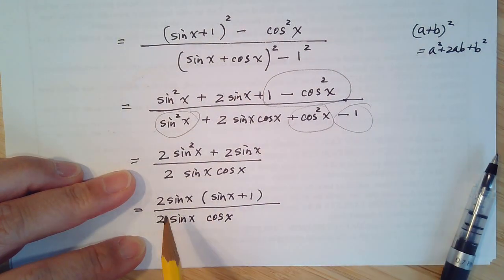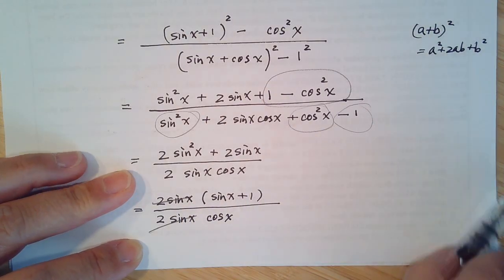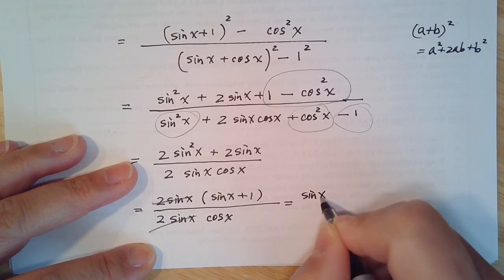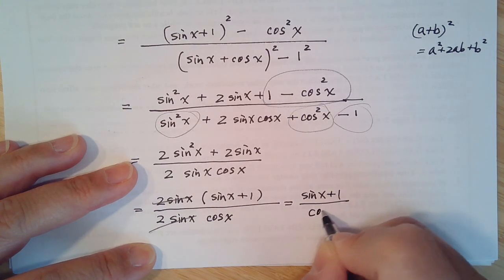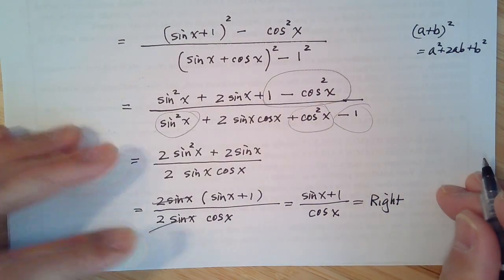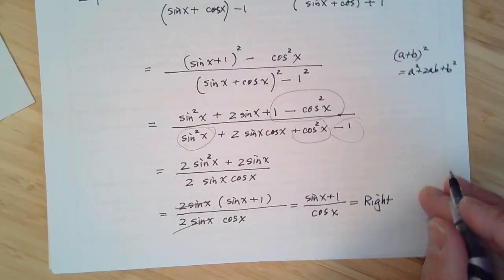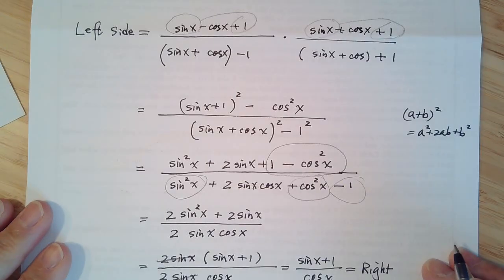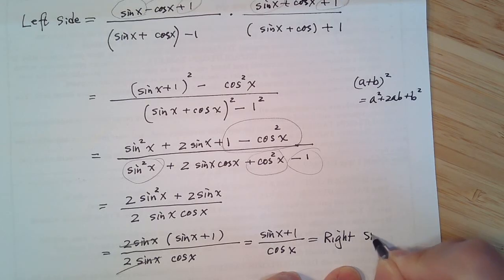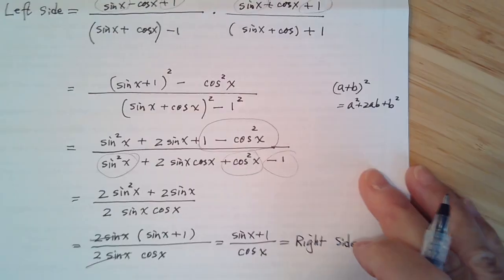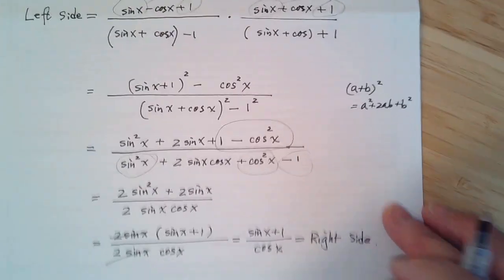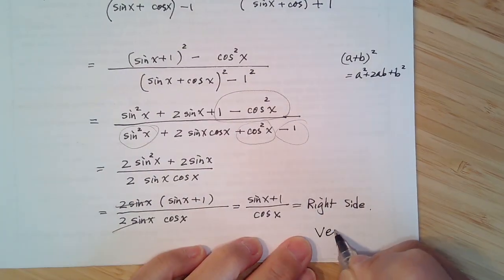Of course, I just cross this out, and then I get sine x plus 1 over cosine x. And that is exactly my right side. Anyway, verified.